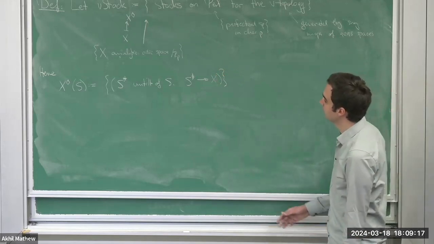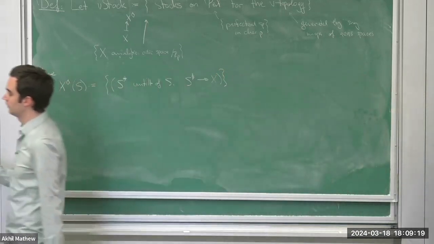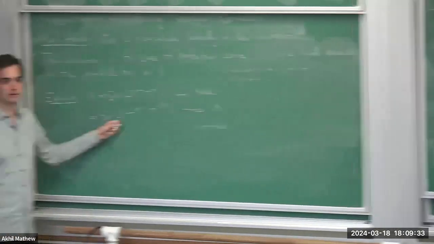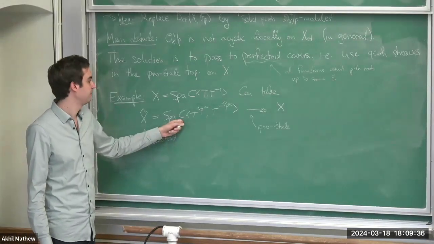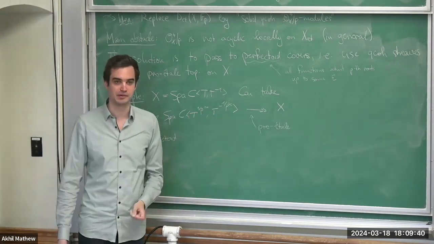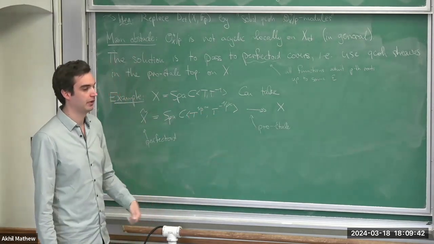The point is that whenever you have a perfectoid space in characteristic 0, or even characteristic P, there's a procedure called tilting that takes one in characteristic 0 and makes one in characteristic P. In this case, I just replace C by another characteristic P field. It turns out this is a general procedure.